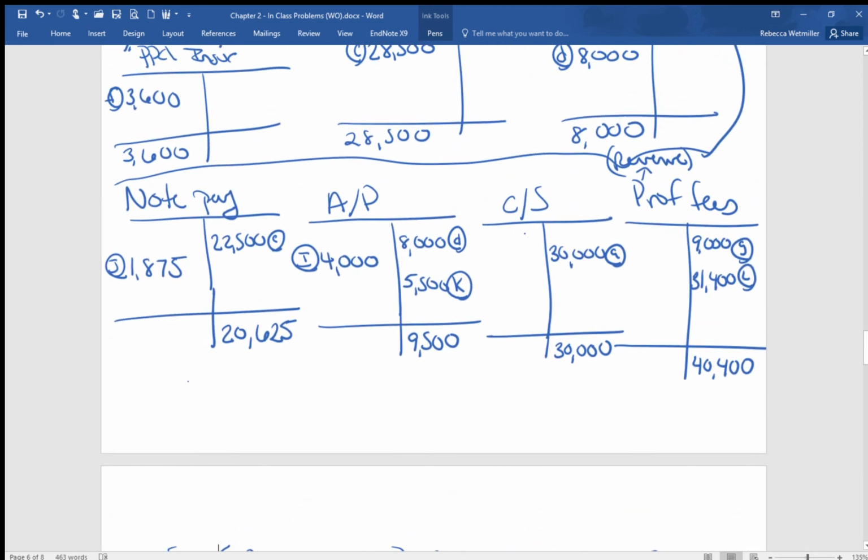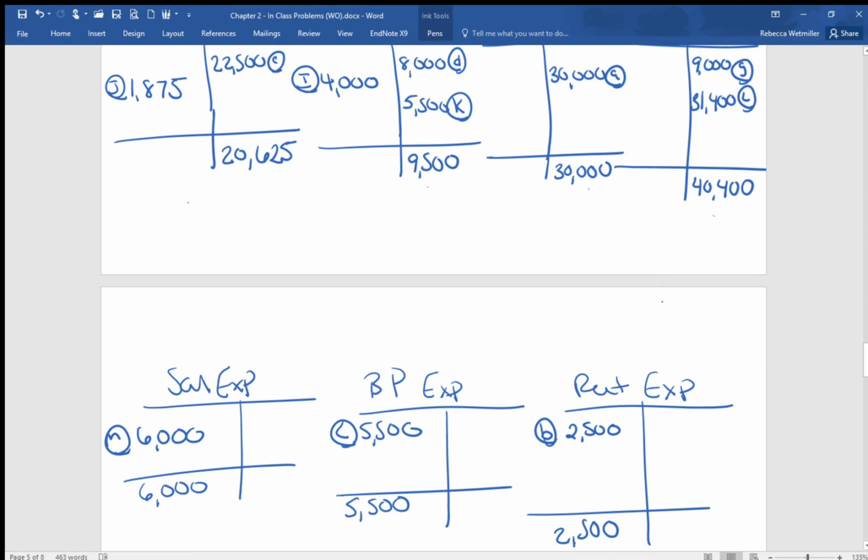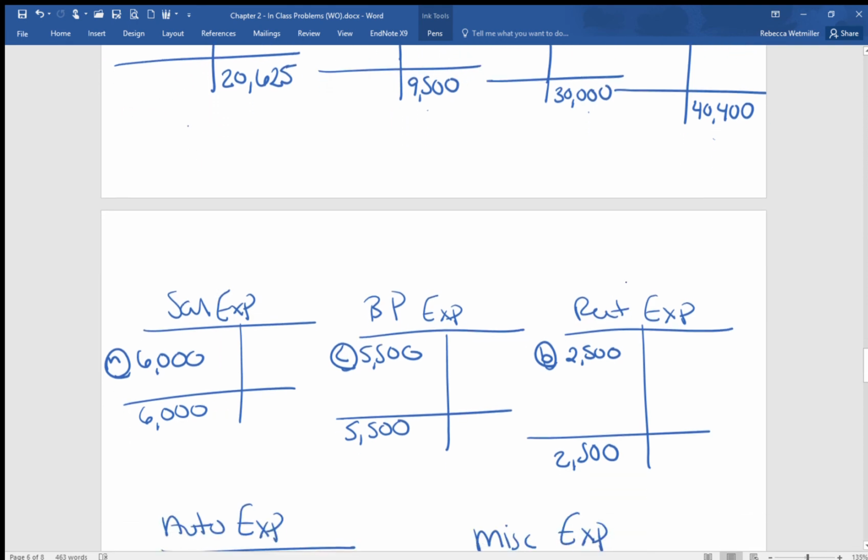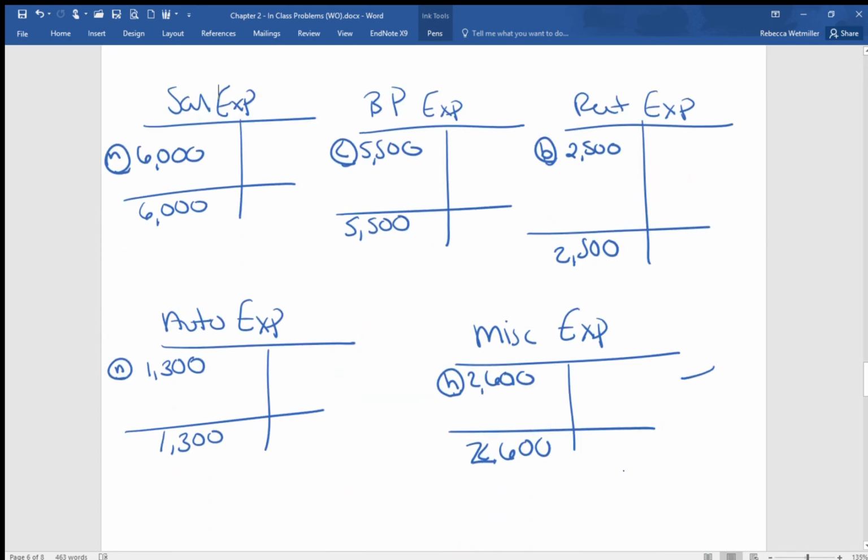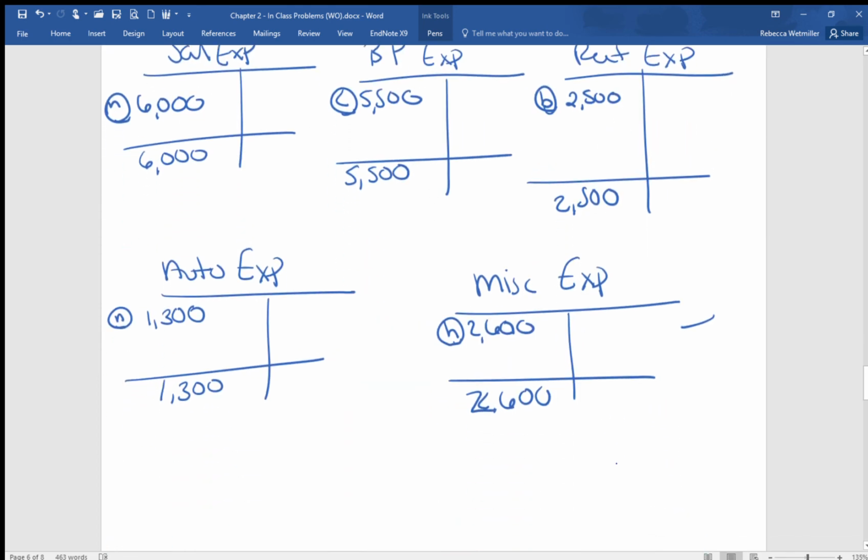So if I add these up, now we have to be a little bit careful here because we have some with the normal balance of debit and some with credit. So I would do 20,625 plus 9,500 plus 30,000 plus 40,400. They're all on the credit side. And then I would need to subtract my debit balances. So I'd do minus 6,000, minus 5,500, minus 2,500, minus 1,300, and then minus 2,600.